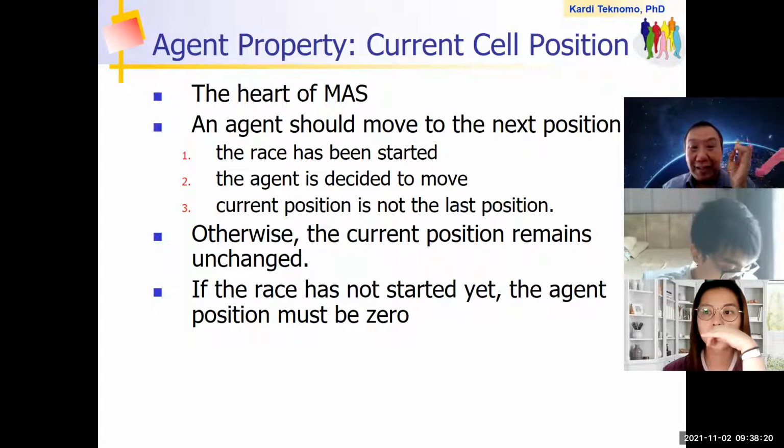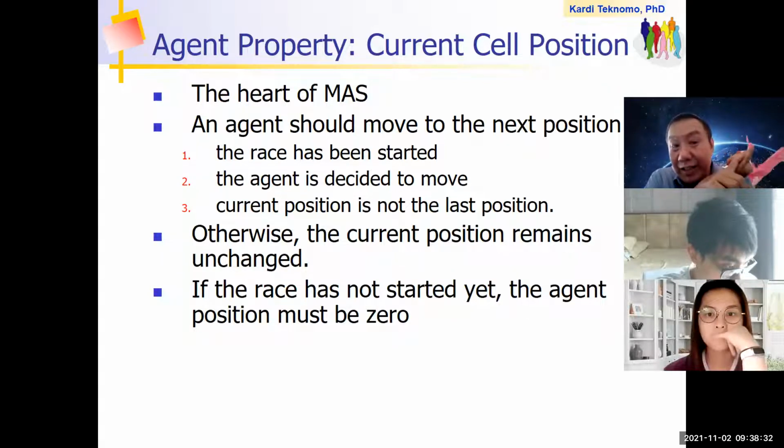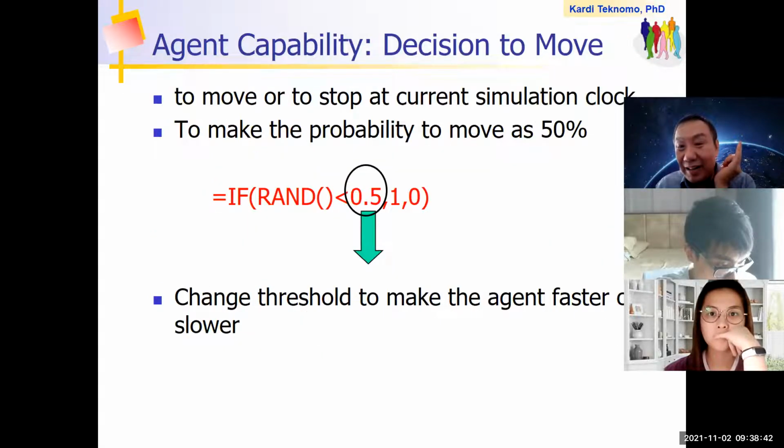Next, the cell position. This is the heart of the multi-agent system. The agent should move to the next position if three conditions hold. First, the race has started, meaning control is empty. Second, the agent has decided to move, meaning the earlier value is 1.